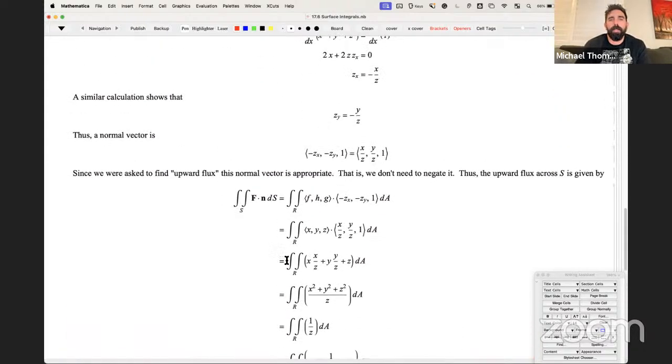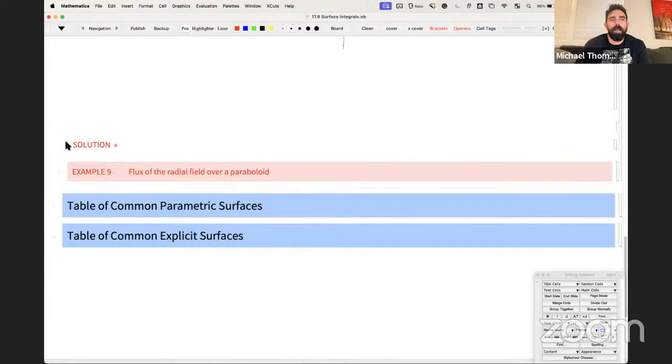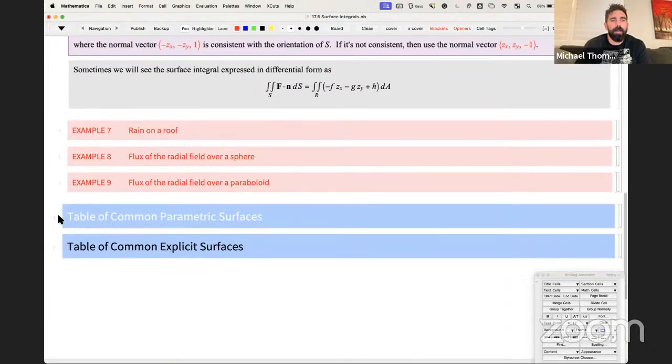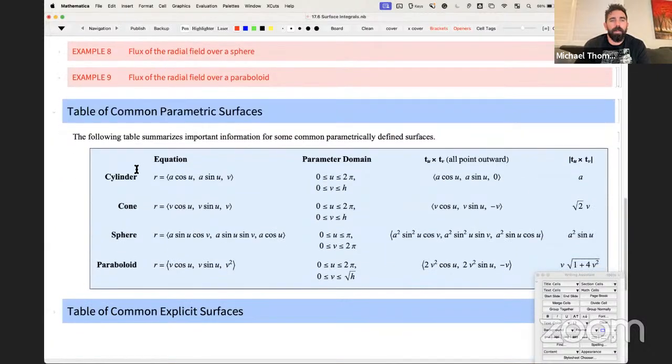By the way, I mentioned this in class, but you've got this table down here that gives you parametric descriptions for cylinders, cones, and spheres. It gives you the parameter regions for those. Also, we've done a few of these. We've calculated a normal vector, Tu cross Tv, and the magnitude of the normal vector.